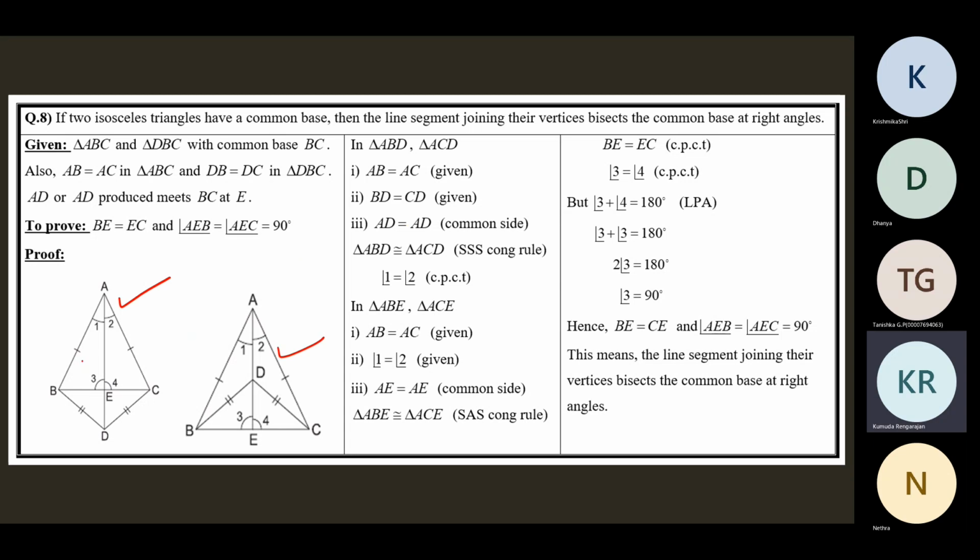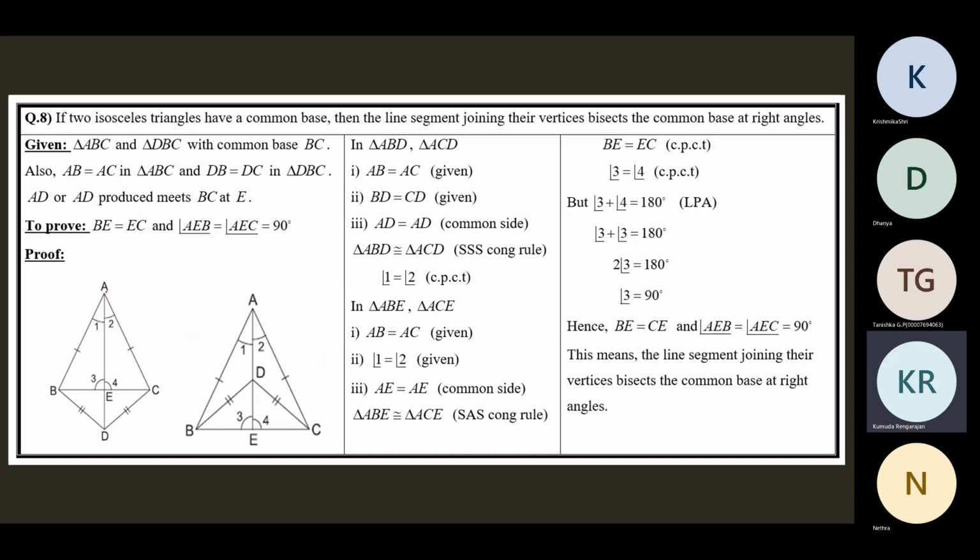Then let's continue. When we say isosceles triangles and this is the common base, these are the equal sides. These are the equal sides. And here this side is equal to this side is equal to this side. Then the line segment joining their vertices.